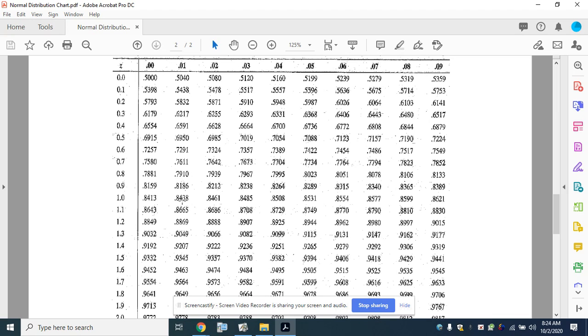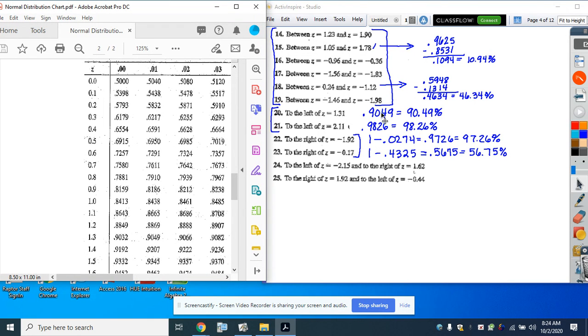So I go to 1.3 and over to my 0.01 column. My answer here is 0.9049. Because I'm coming from the left, I don't have to do anything to that number. All I'm going to do is move the decimal place 2 places to the right and turn it into 90.49%.